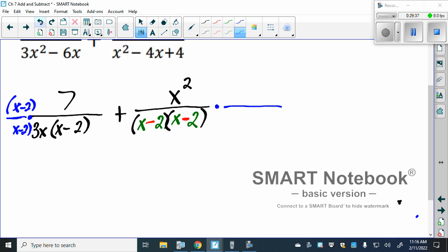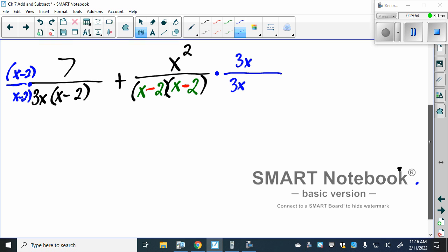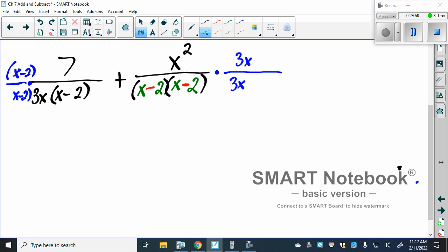All right, that's fine. Now the one on the right, what is it missing? 3x. So we'll have to multiply top and bottom by 3x. Now if we do the multiplication here, the one on the left, we're going to do 7 times the x minus 2.